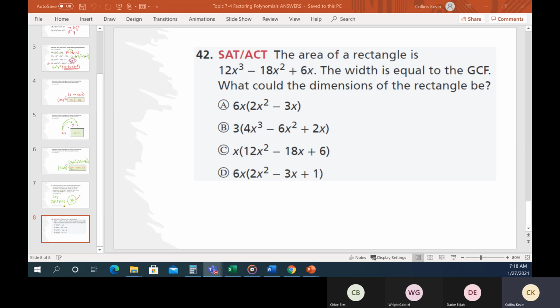Okay, so I agree that we can divide 12, 18, and 6 by 3. That definitely works, right? So let's do that. Let's talk about that real quick.